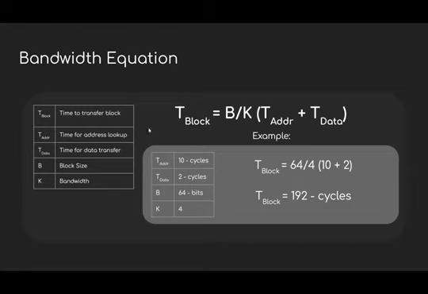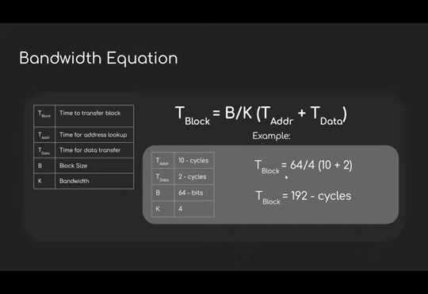If we look at the equation of T block, which is the time to transfer one block of memory, it is equal to B, which is the block size, divided by K, which is our bandwidth optimization, and then multiplied by T address, which is the time for address lookup, plus T data. This is the equation.